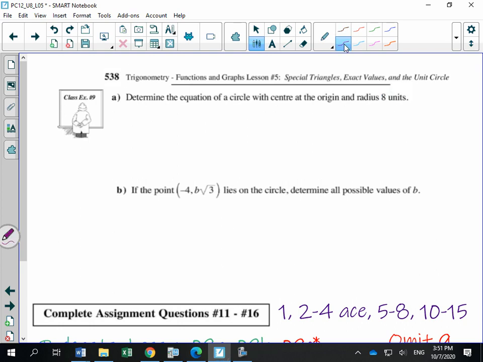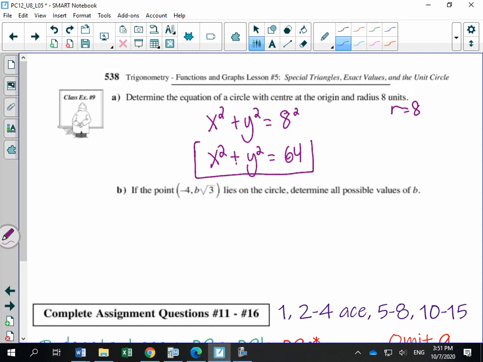So what we would do is we would say, okay, the equation of this circle is x squared plus y squared is equal to r squared, and r is 8. So that would be x squared plus y squared is equal to 64. That would be the equation of a circle with a radius of 8. That would be your equation.